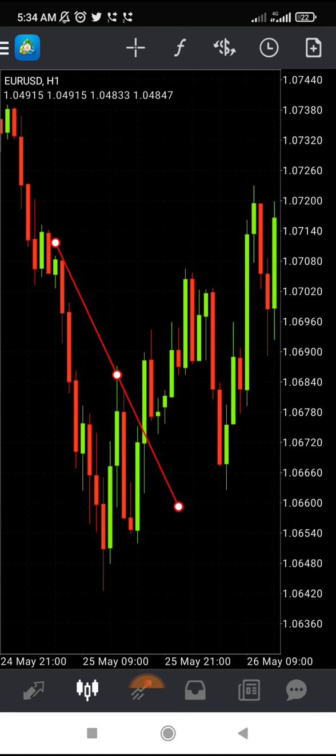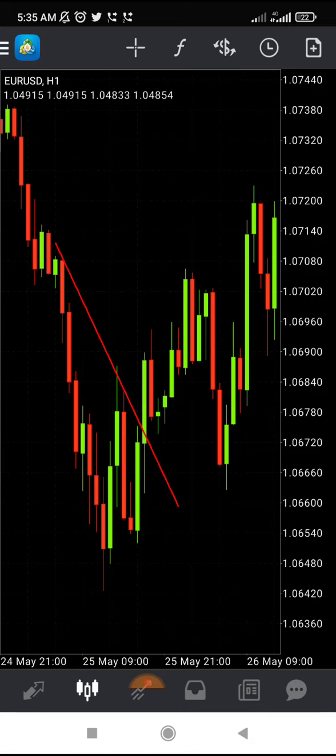So if you start seeing a W at the top, don't go and start selling. W is meant for buy, and M is meant for sell. Just like the W we saw here, it is meant for you to buy, not to sell. That's how it works.